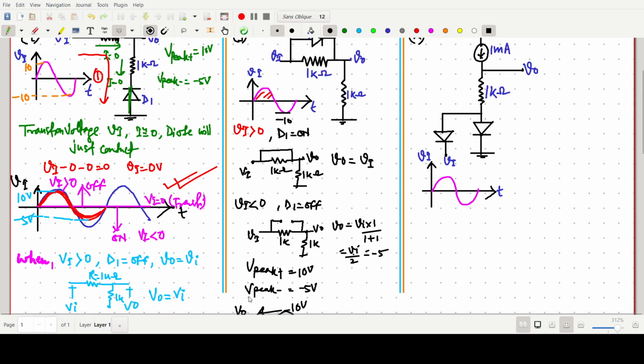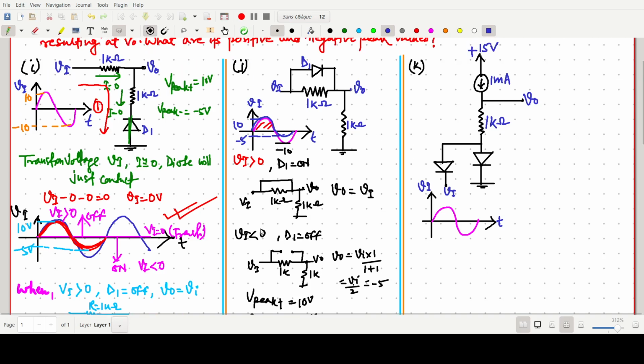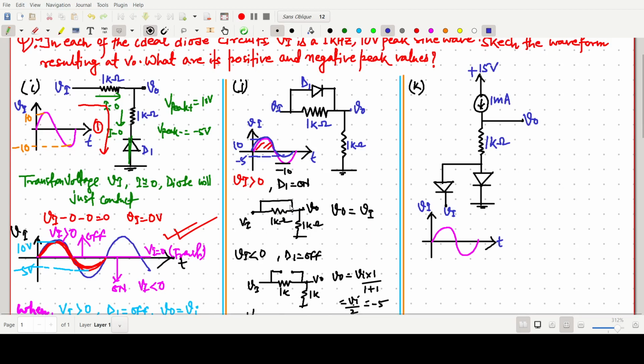Or here I can also do, output will be like this one, for 10 volt and minus 5. So this one is another one. We have to be very careful; we can very simply solve any problem, but we have to know when Vi is greater than 0, like that.